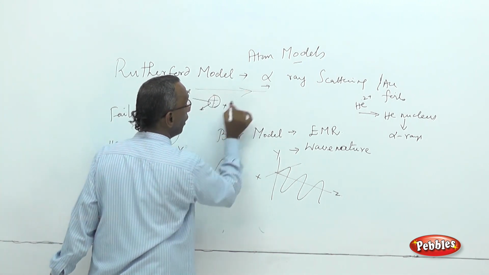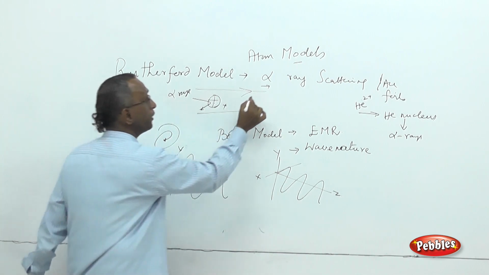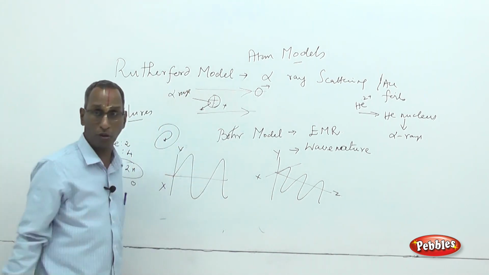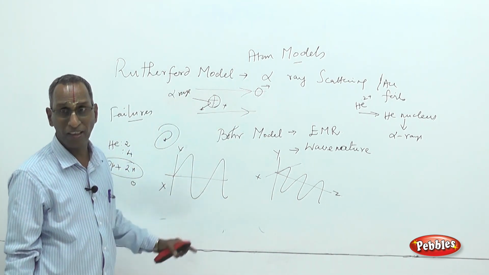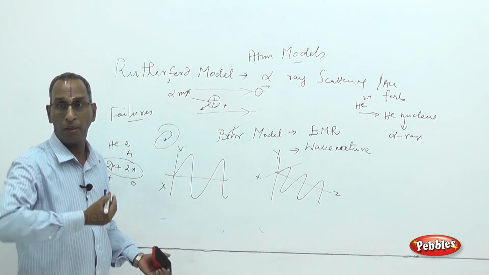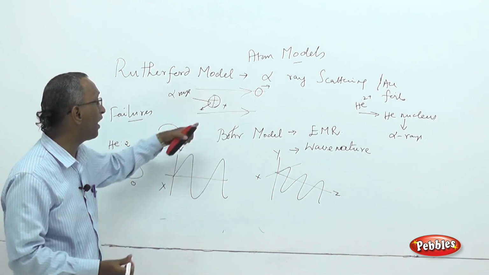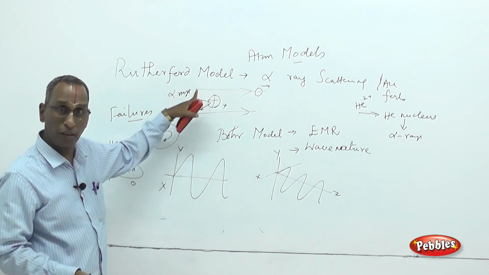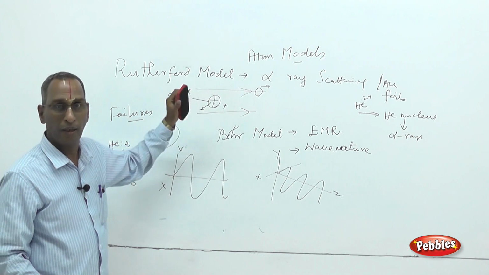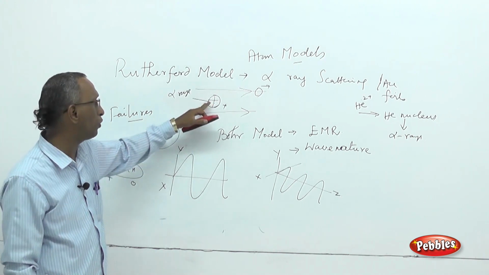If the alpha rays are continuously traveling, that region is made up of negative charge, because opposite charges attract each other. So in certain regions alpha rays pierced into the gold foils, and in certain regions alpha rays were deflected. The deflected rays he was able to collect using applied positive charge, negative charge, and so forth.